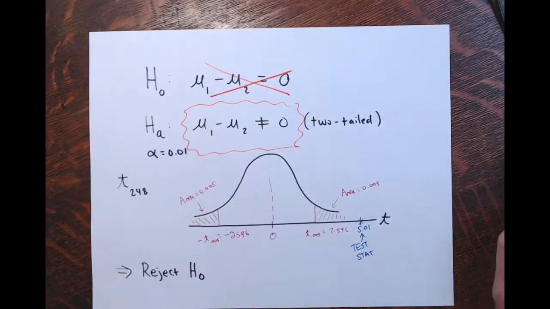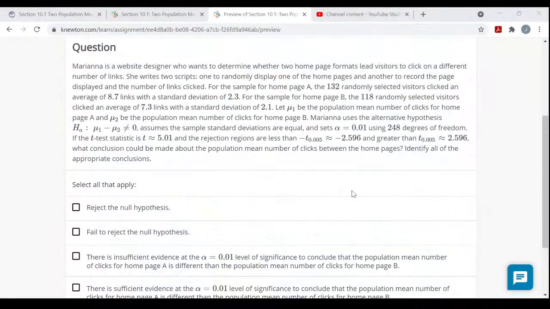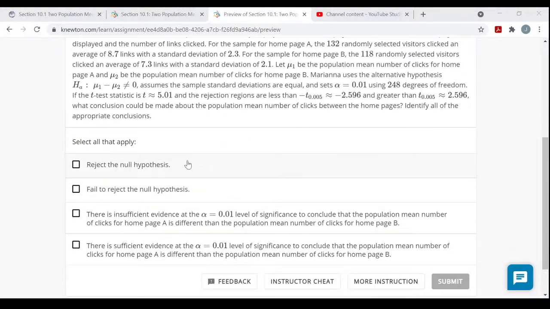All right, now let's see how they word things and see which one has us supporting the fact that they're not the same. So I said, again, we reject the null hypothesis. Now this first statement here, the third one down: there is insufficient evidence, right? There's not enough evidence at this 1% significance level to conclude that the population mean number of clicks from homepage A is different than the mean number of clicks from homepage B. Well, no, we said we are supporting that.